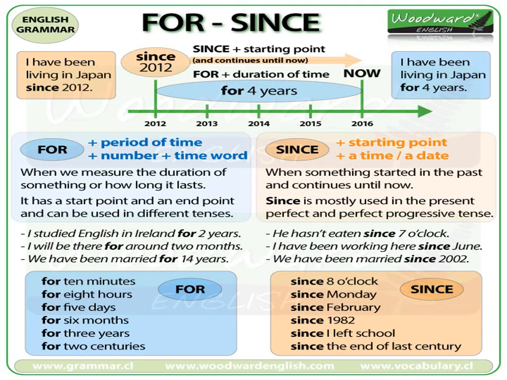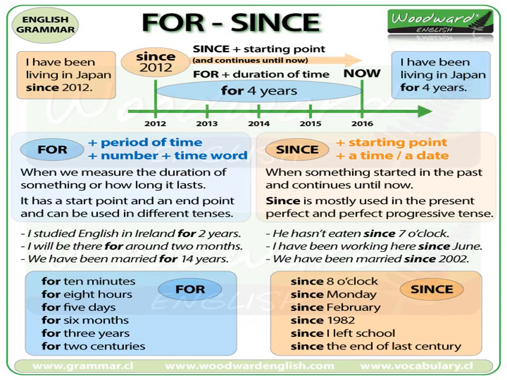So this 4 years is a duration. It does not tell us the exact starting time of my living in Japan. So we use for with minutes, for hours, for 5 days, for 6 months, for 3 years, for 2 centuries.